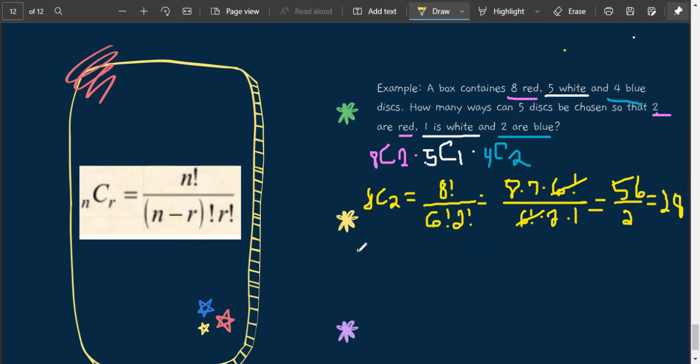Sa 5C1 naman tayo, class. Tingnan nyo itong 5C1 class. 5 yung nasa taas kasi siya yung mas malaki. 5 factorial over 5 minus 1, that is 4 factorial. Diba? Ngayon, 1 factorial na lang. Sige, ilagay natin yan. So, hanggang saan mo expand yung 5 factorial? Hanggang 4 factorial. So, 4 factorial divided by 4 factorial.